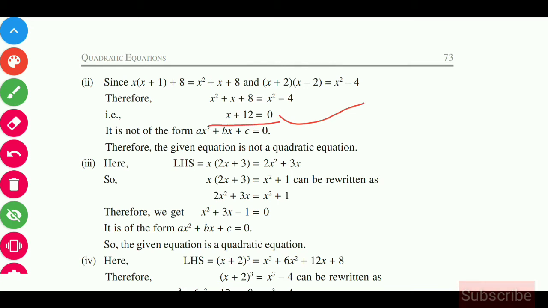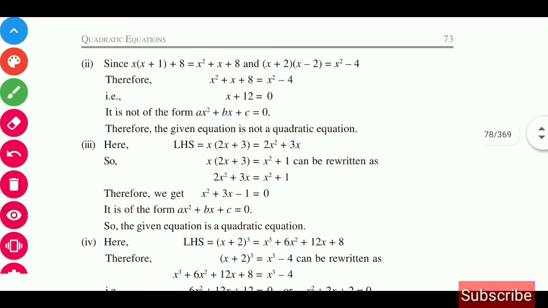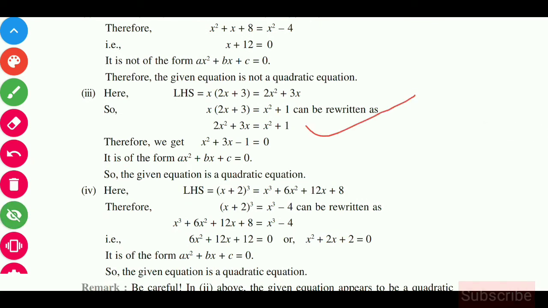Since it is not satisfying the standard form of quadratic equation, therefore the given equation is not a quadratic equation. In the same way, it has also been checked for the same concept, and we are not getting any quadratic equation.